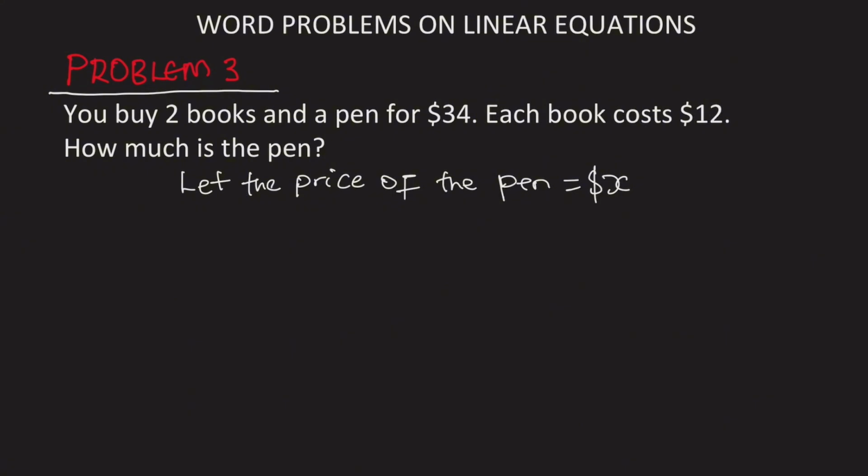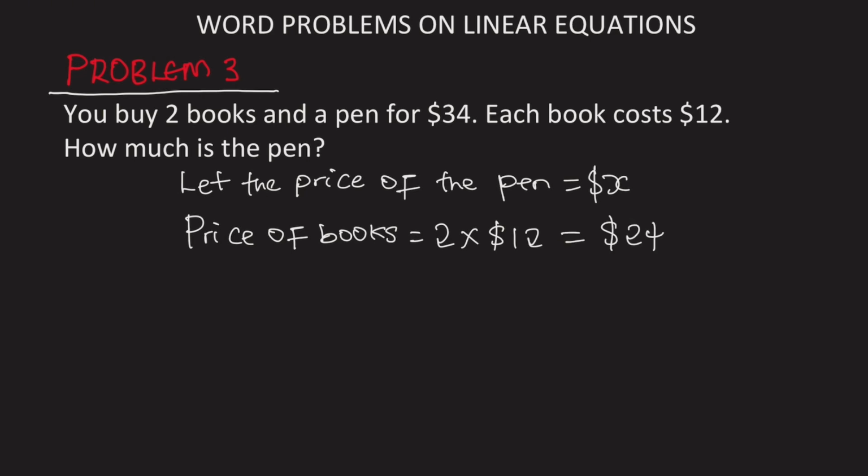Okay, so now let's see the information we're given so we could get our linear equation from here. It says we bought 2 books and a pen for $34. And each book costs $12. So if each book costs $12 and we bought 2 books, the price of the books is going to be 2 times $12, which gives us $24 for the books.